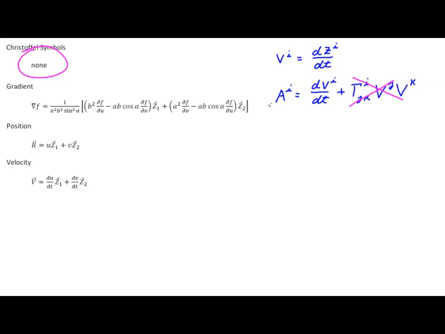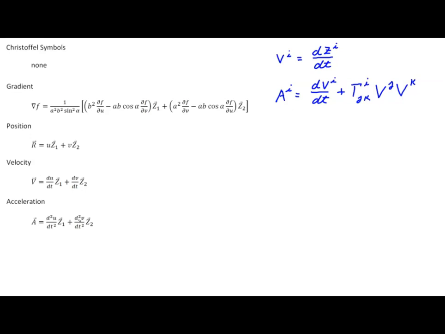So again, the acceleration vector is just going to be found by taking the time derivative of each of these components and forming a linear combination. And that's going to look like this. So here you see the second derivative of u with respect to t, the second derivative of v with respect to t. And those then are the trajectory objects for affine coordinates.